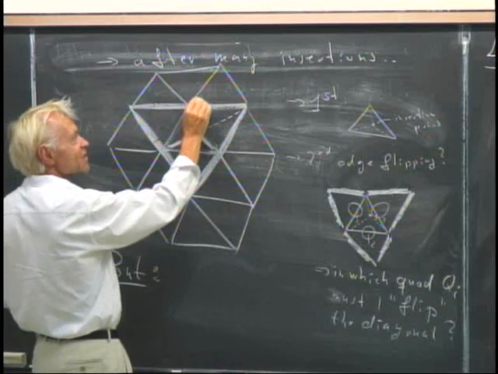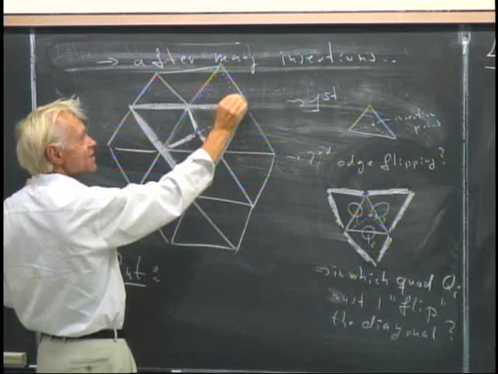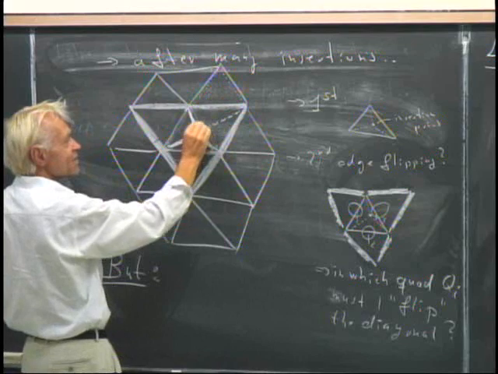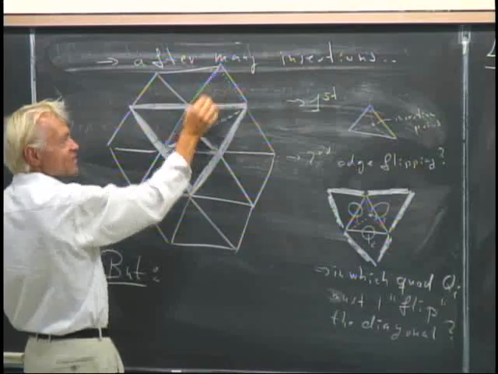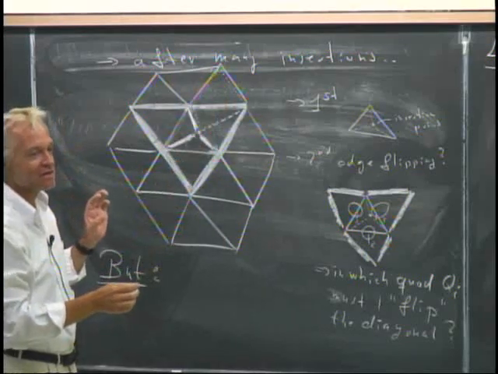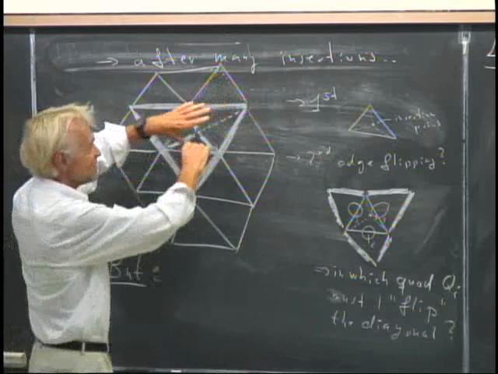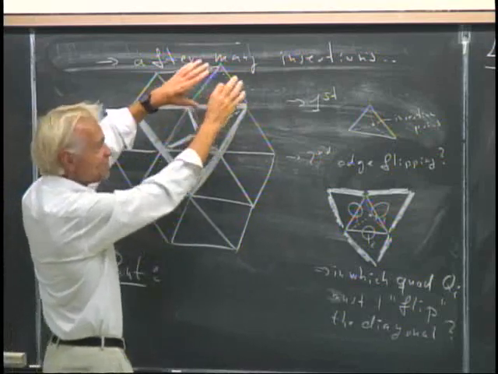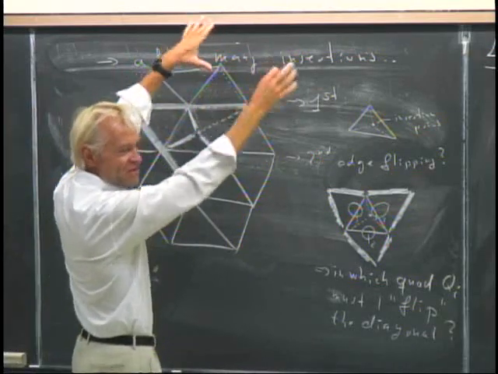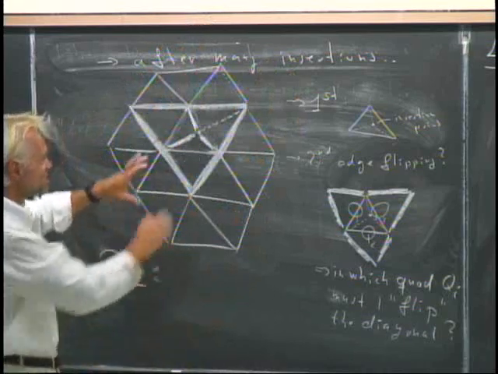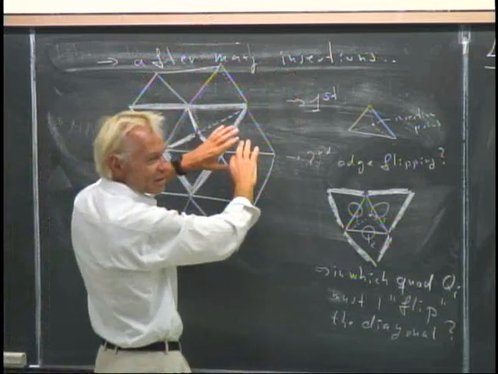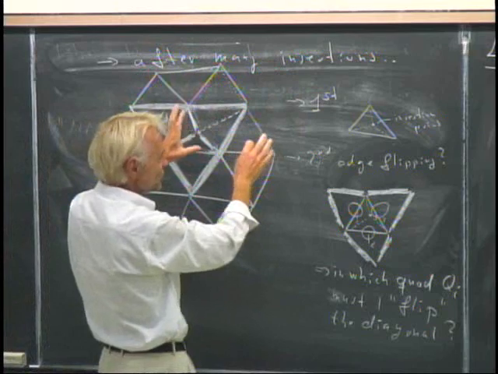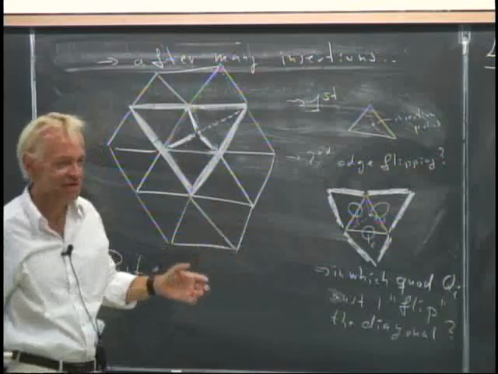This one, for example, right? This is a quadrilateral here that I have to check. Is this the right diagonal for it or the other one? No? So whenever I do these edge flips, they have an effect on a neighborhood, and that neighborhood has an effect on the neighborhood of the neighborhood, and so forth. So in the worst possible case, these edge flips do not terminate before they have touched everything.